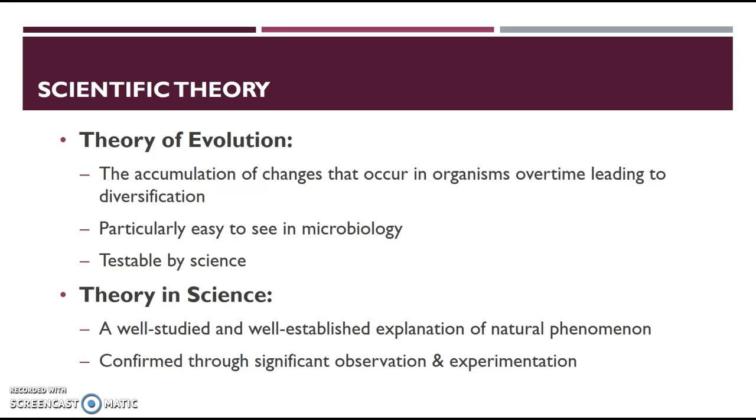And we can see how mutations in their DNA or alterations in that genetic material then contribute to changes in progeny in their later organisms. The theory of evolution is testable by science, and there is a lot of evidence that supports the theory of evolution.